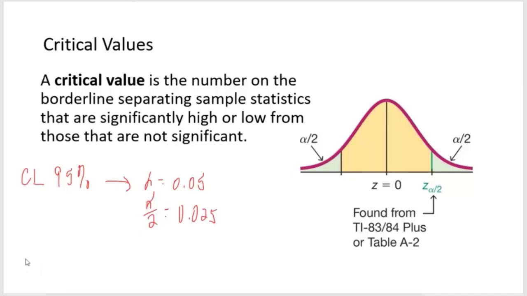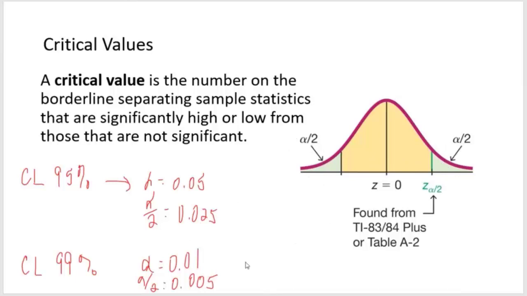Of course, that does mean that if my confidence level was 99%, for example, then my alpha would be 0.01, and then alpha over 2 would be 0.005. And so that would represent the area over there.